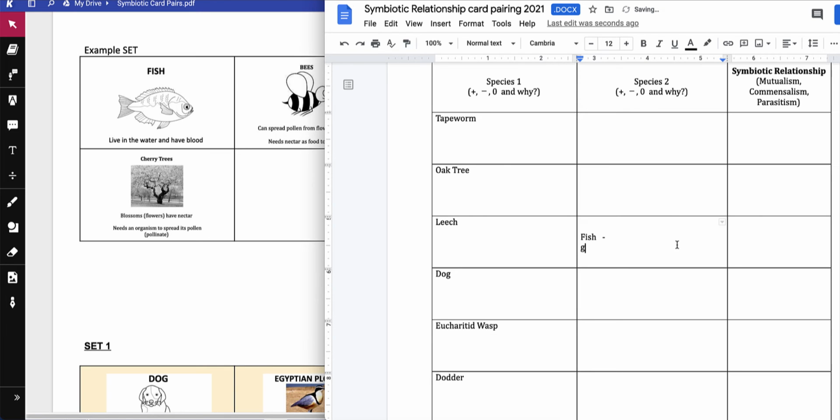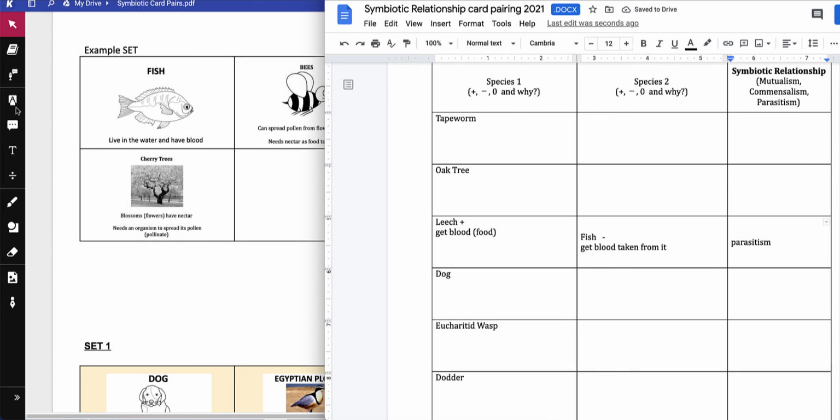They're going to get blood taken from it. So we're explaining why. The leech, well, that's going to be a plus because they get blood, which is food. So a plus-minus relationship, that is parasitism. So in the third column, I would fill in parasitism.